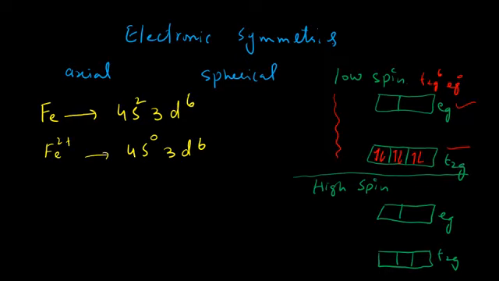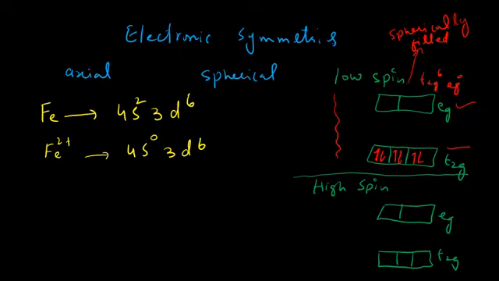So the filling of electrons, or the electronic configuration, is spherical in this case. The energy levels are spherically filled. So this is the case of low spin.